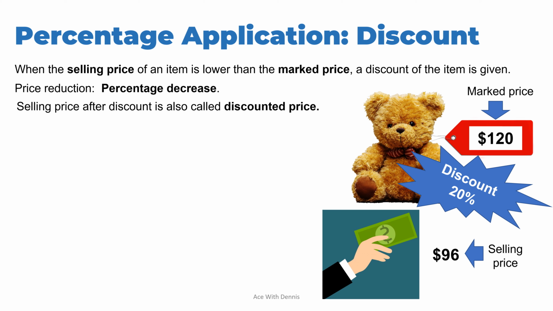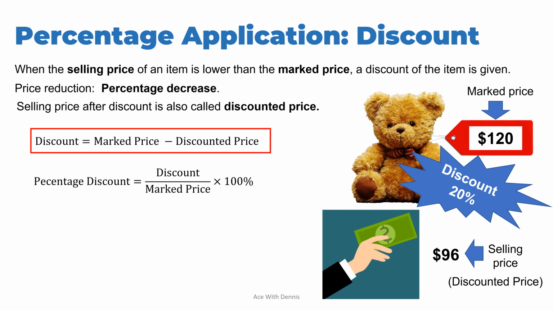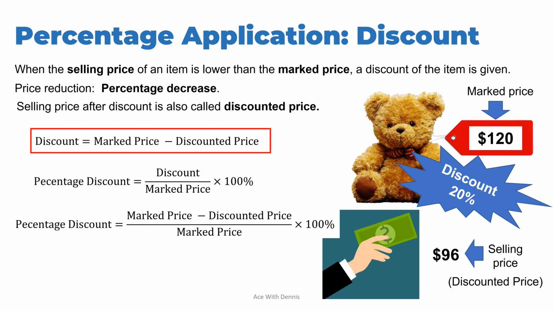So the selling price after discount is also called the discounted price. Please take note of these terms because they might be stated in the question, then you understand what they mean. So discount equals mark price minus discounted price. Percentage discount equals discount over mark price times 100%.